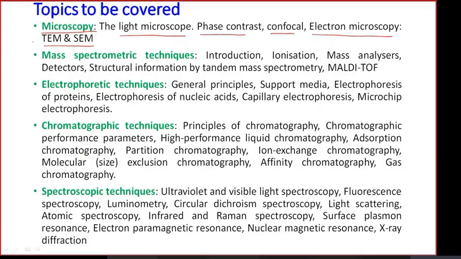Okay, TEM stands for transmission electron microscopy and SEM stands for scanning electron microscopy. Then we have mass spectrometric techniques. Over here we have introduction to the mass spectroscopic methods, ionization, the different types of mass analyzers, detectors, structural information by tandem mass spectrometry, then MALDI-TOF. We'll be discussing all these things.